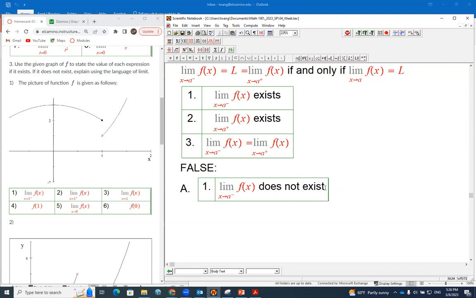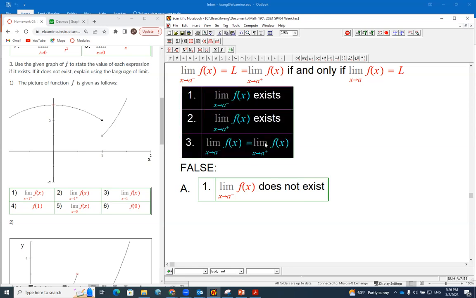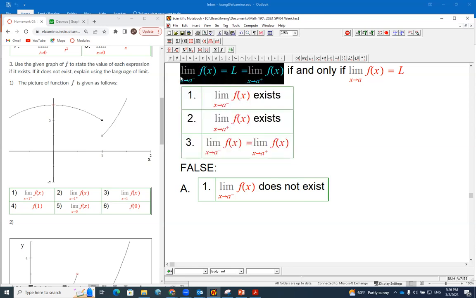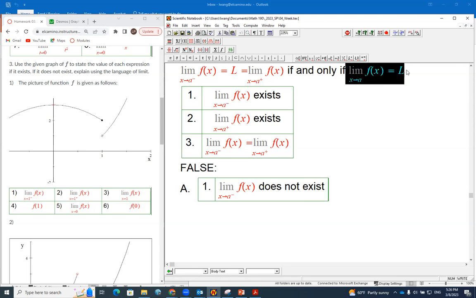If this does not exist, that means 1, 2, 3 must all be true. If one is false, the entirety of the statement is false. If the first one is false, we can say that this limit does not exist. You need to do no more.